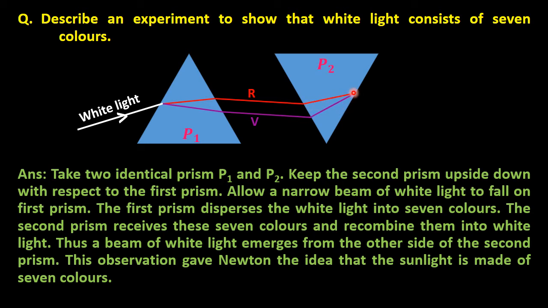So here the 7 colors will be combined, and from the other side of the second prism, we see again the white light. So this was the experiment done by Isaac Newton. This observation gave Newton the idea that the sunlight is made up of 7 colors.